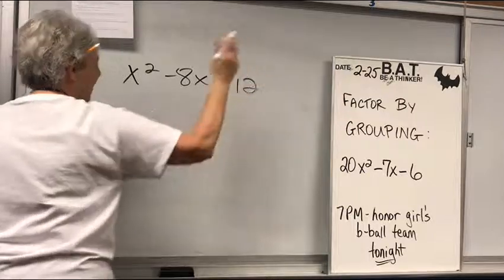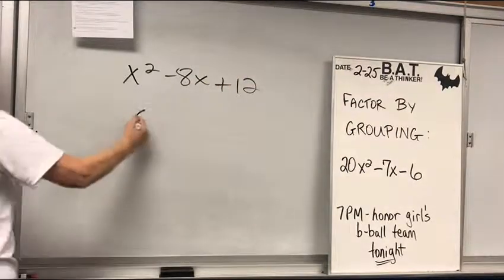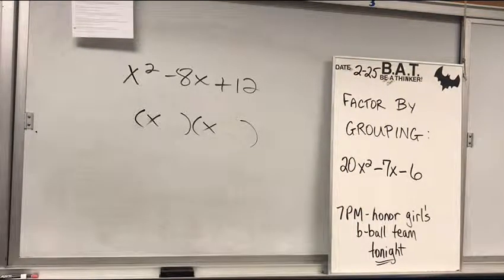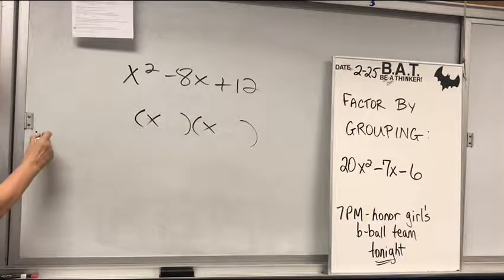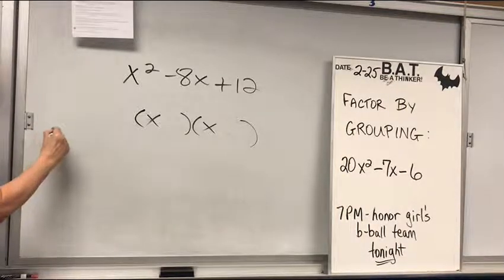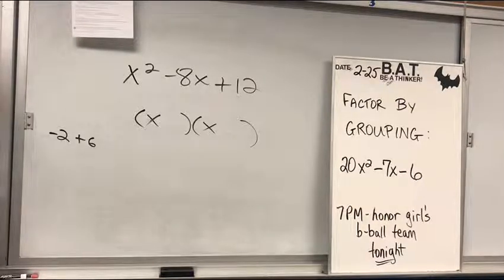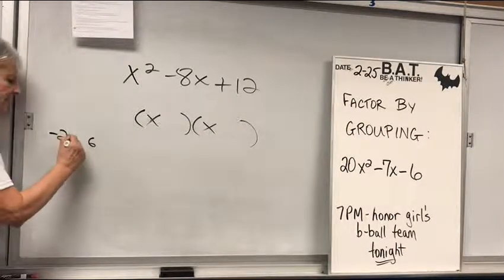Almost forgot. All right. Factors of 12 that give me negative 8. Negative 2, negative 6.